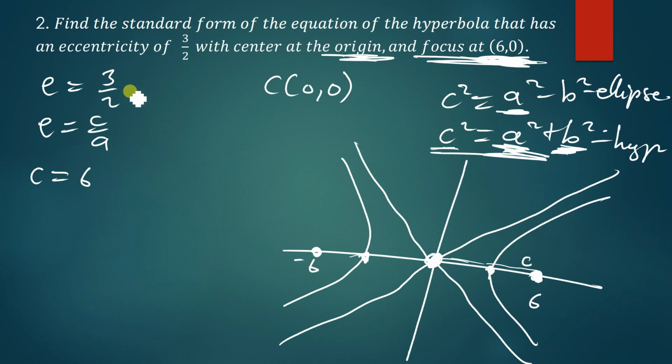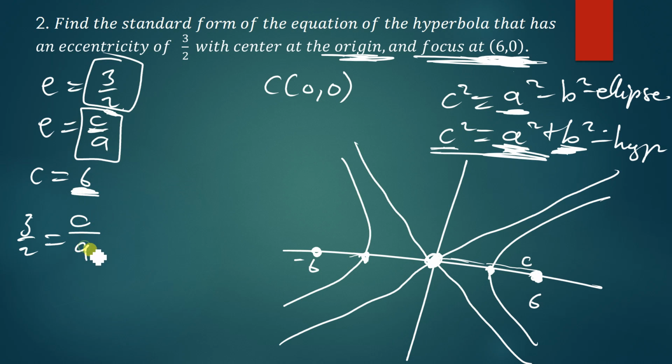So now we know that the eccentricity has been given to be 3/2. So we say 3/2 is equal to c over a, as the formula for the eccentricity.